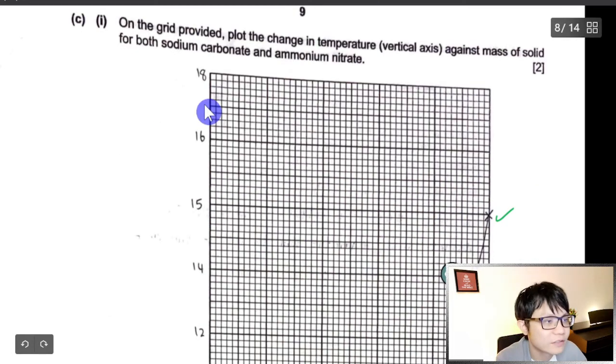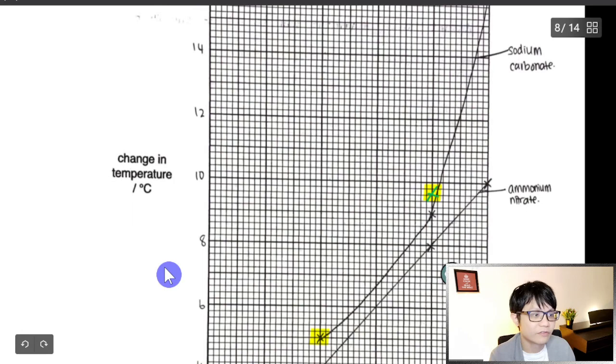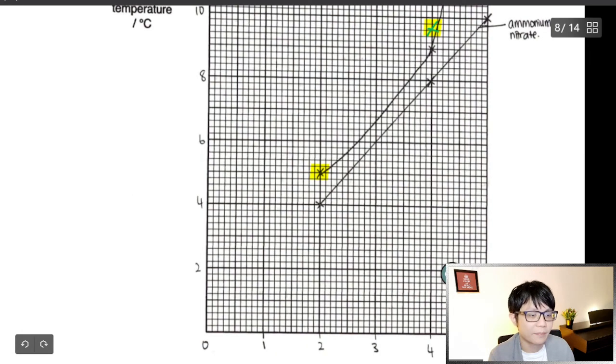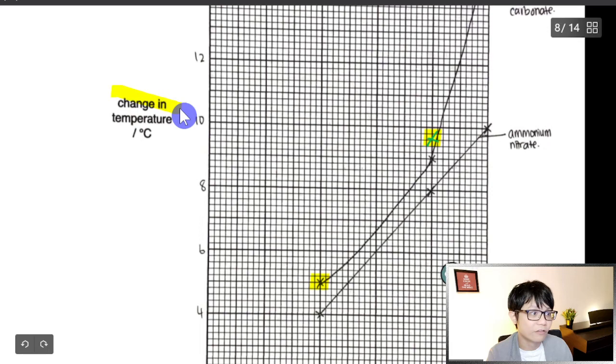Okay, so the student gets this one correct. Because you need to plot temperature against the mass of solid. So the student wrote change in temperature against the mass, and they even gave the unit. If they didn't give it, you need to write like in mathematics lah. If you didn't write the unit and the quantity also, you will get it wrong.